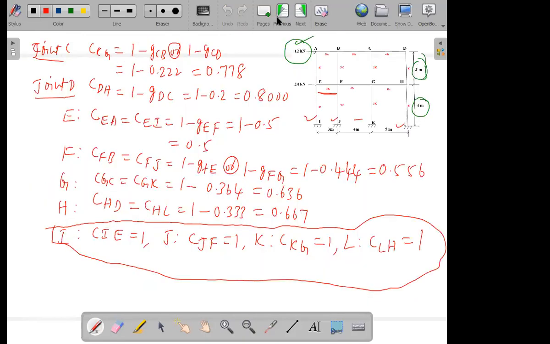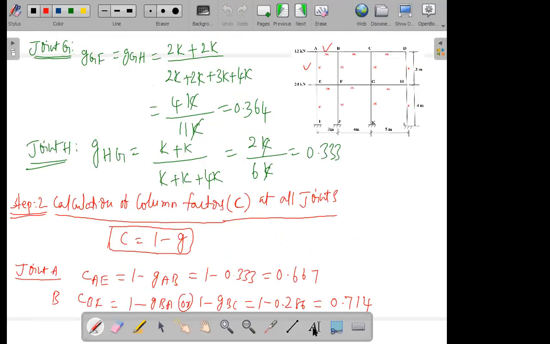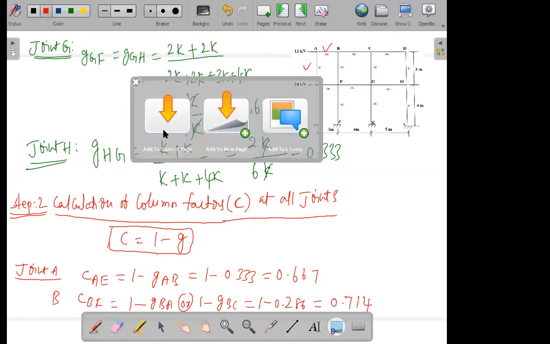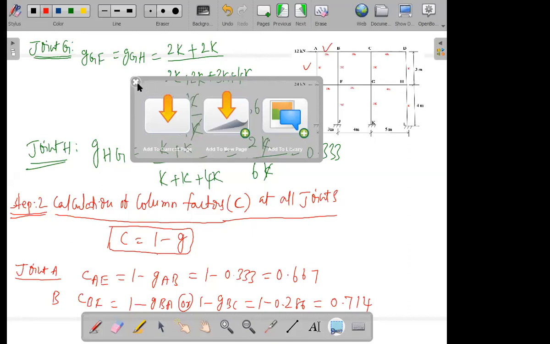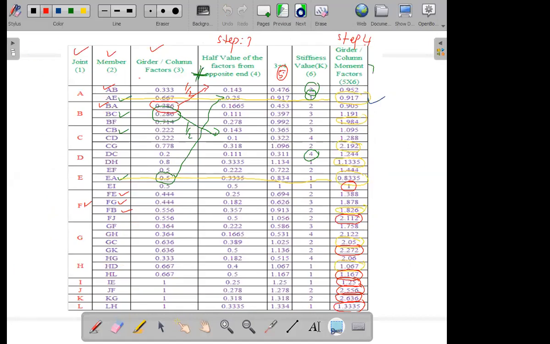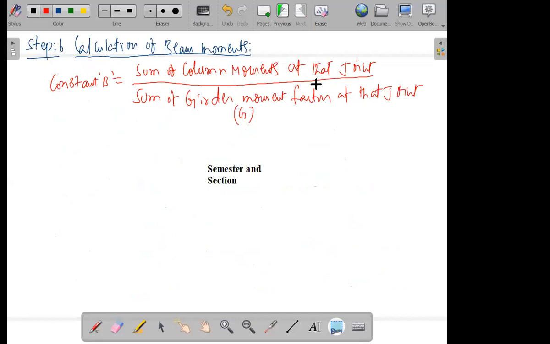I will copy this figure to here. One second, I'll copy the figure.